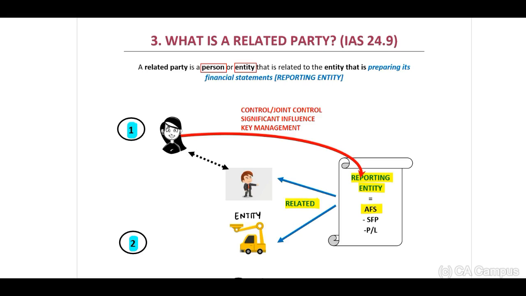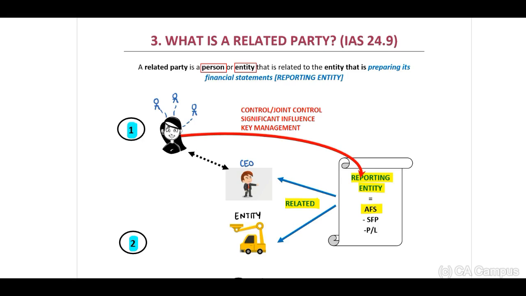Now, when we look at a person, this can be a person or a close family member. Therefore, in our picture, we have, for example, our CEO of our reporting entity. And the wife of the CEO will be the close family member, or it can be the children of either the wife or the husband.